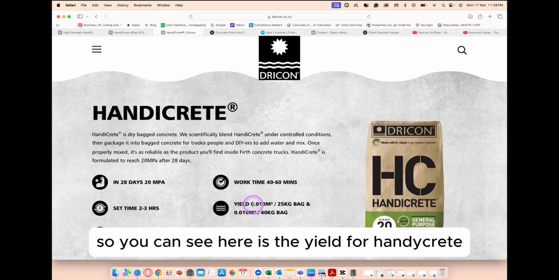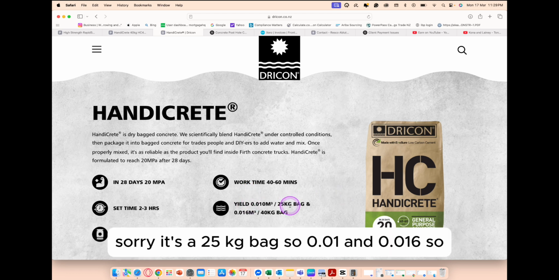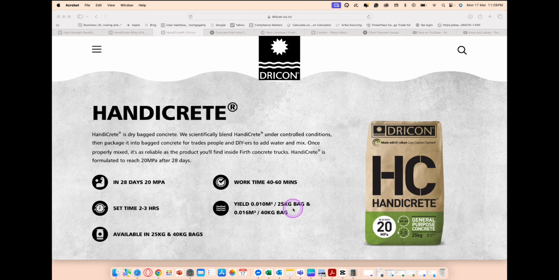So you can see here, here's the yield for Handicrete. Sorry, it's a 25 kg bag. So it's 0.01 and 0.016.